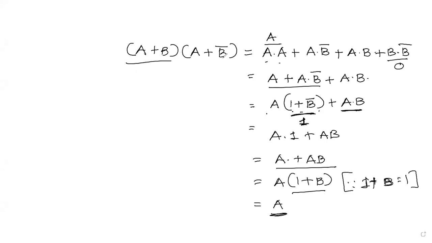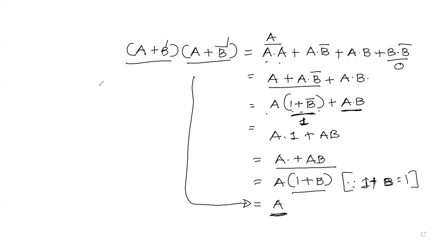That if there is A plus B and there is A plus B bar, it should be simplified as A. So B and B bar will cancel out. Understand? Yes, sir. Okay.